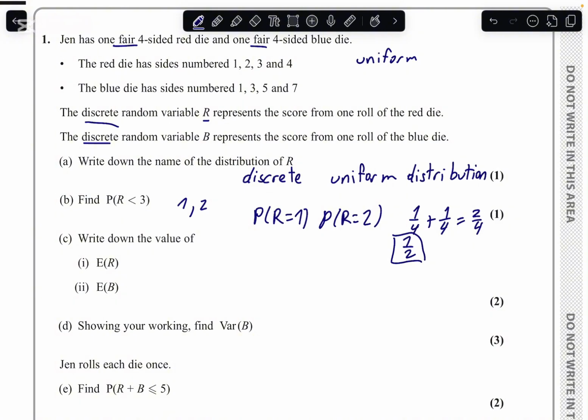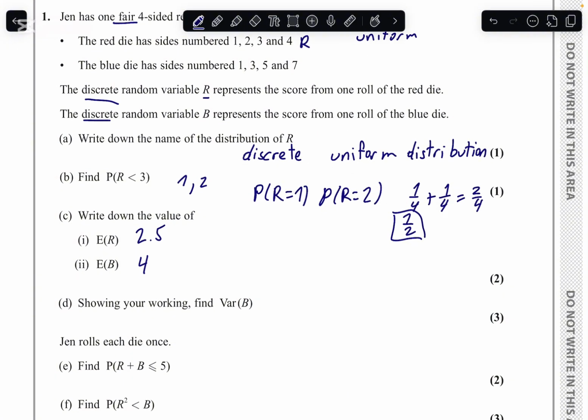If there's an even number of values, as in this case where there are 4, we just get the 2 middle values and find their average. So in case R, the expected value will be 2 plus 3 over 2, which is 2.5, and the expected value of B is 3 plus 5 over 2, which is 4.